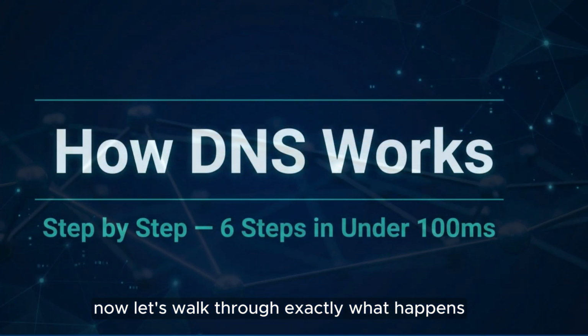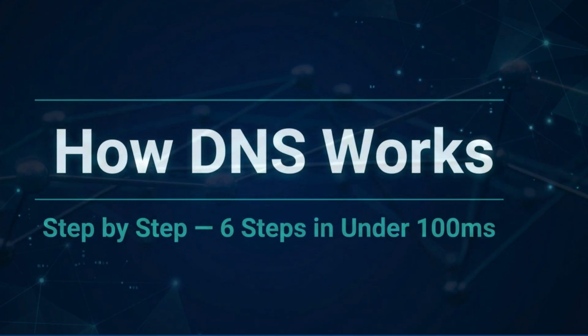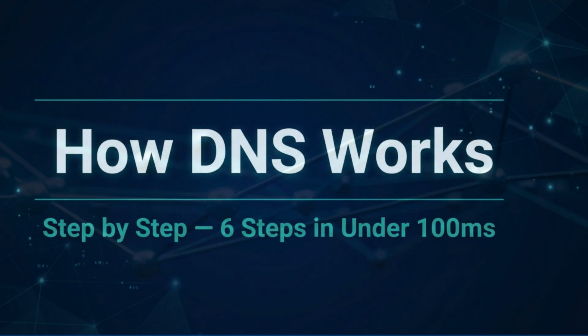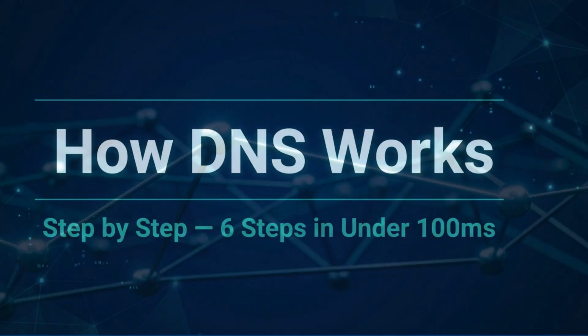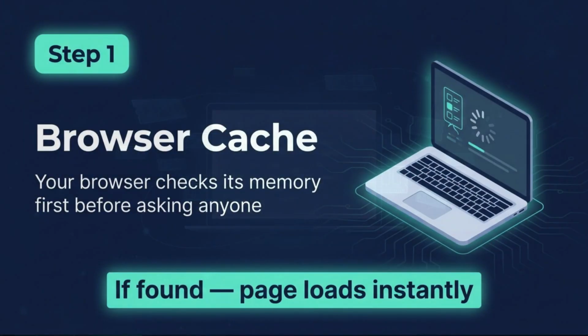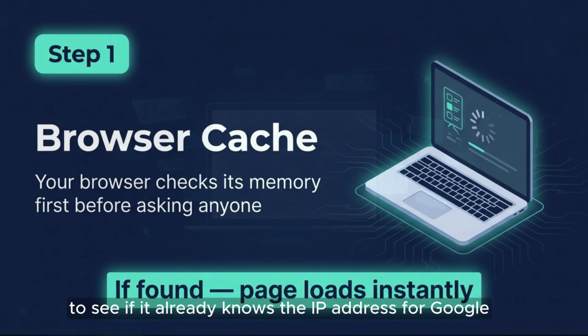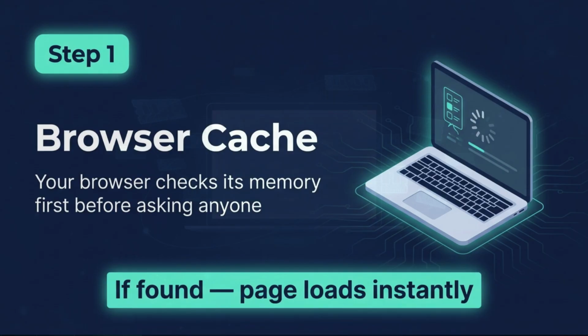Now let's walk through exactly what happens when you type google.com into your browser. Step 1. Your browser first checks its own memory, called cache, to see if it already knows the IP address for google.com.